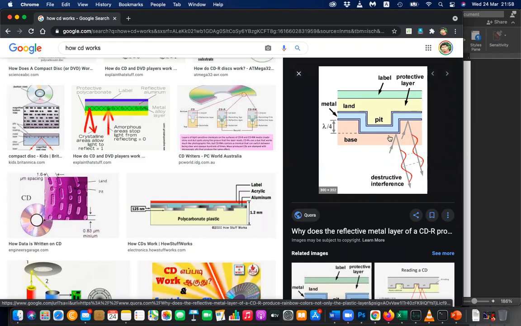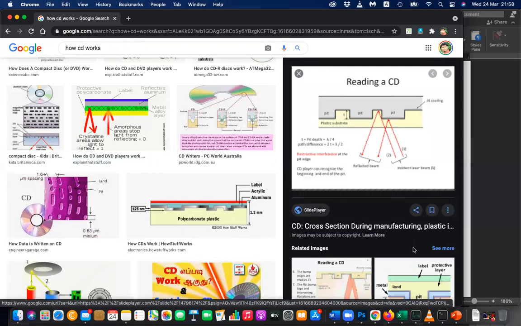When there's a pit, the reflection angle is different, and when there's a land, the reflection angle is different. That is another way. Anyway, pit and land, two states, have differences. It can be an angle difference, a reflection difference, or the absence or presence of reflection. Anyway, you have two states. You will store two states and you will read two states.